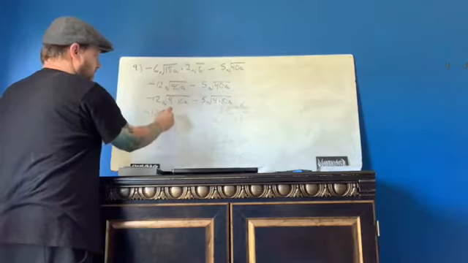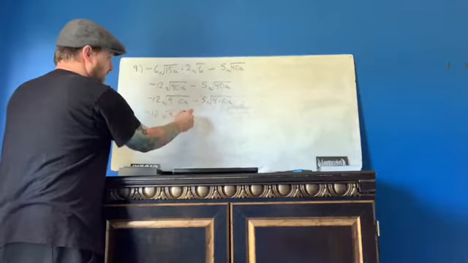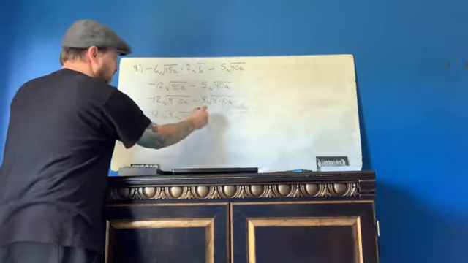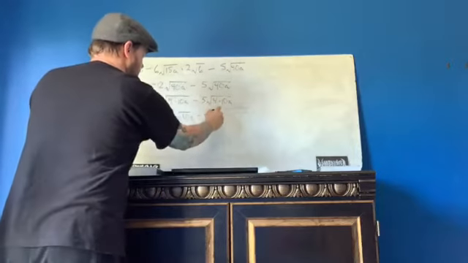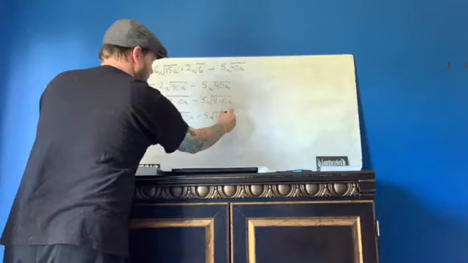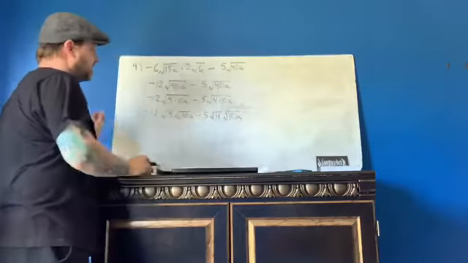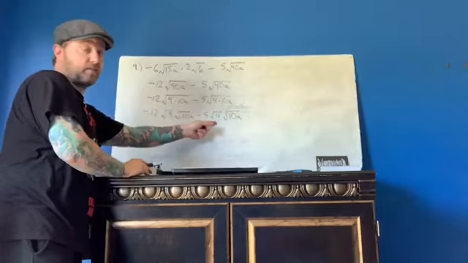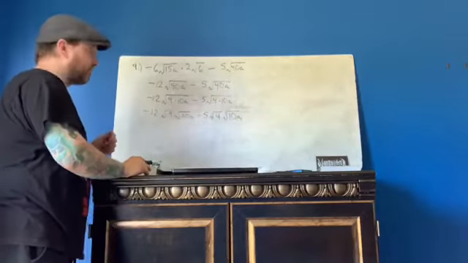-12 root 9 root 10a minus 5 root 4 root 10a. Perfect square, perfect square. We're gonna have like radicals.